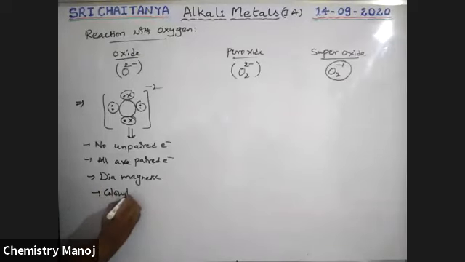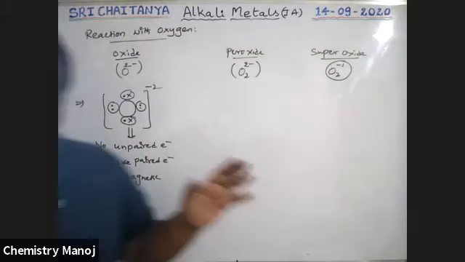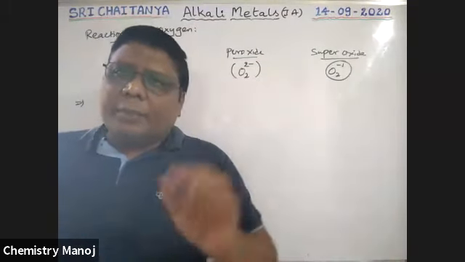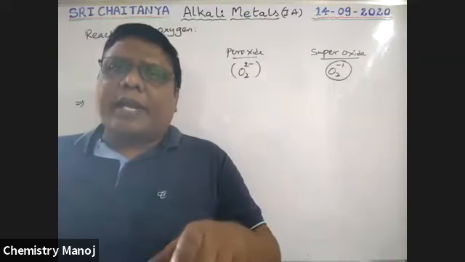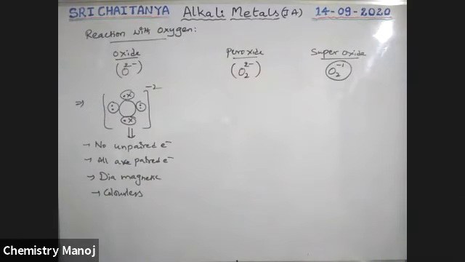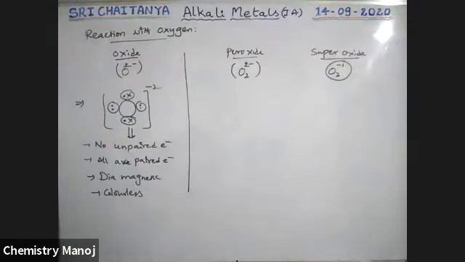Whenever an unpaired electron exists, the species is colored and paramagnetic. With no unpaired electron, it is diamagnetic and colorless. That is about oxides, boys.